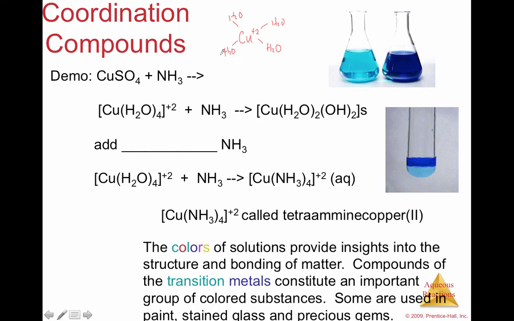As we add the ammonia, it acts as a base and removes a hydrogen ion from water, producing ammonium ion and changing this ligand into hydroxide.